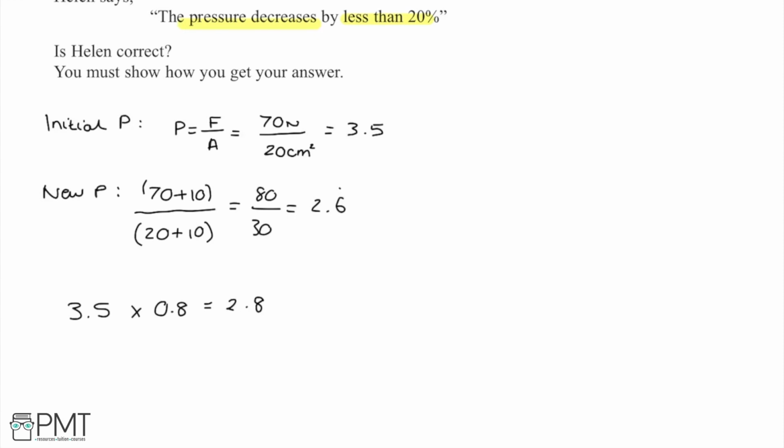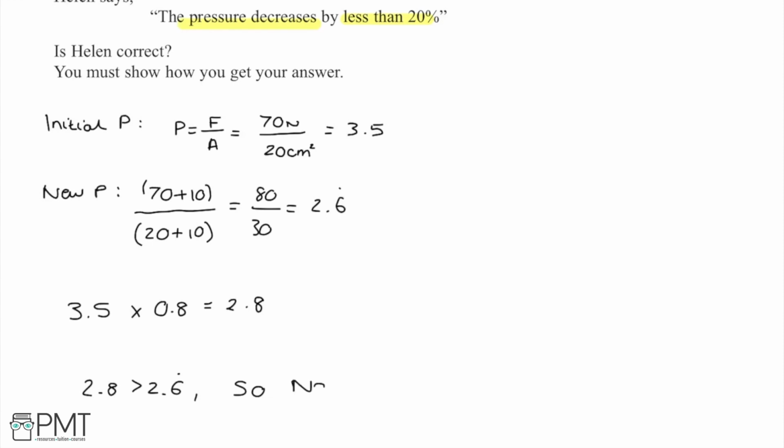However, the new pressure is 2.6 recurring, or rounded to 2.7, and 2.8 is greater than 2.6 recurring. So we can conclude with this information that Helen is going to be incorrect, because the pressure has decreased by more than this 20%, because 2.6 recurring is lower, it's much less than 3.5 than that 2.8 is.